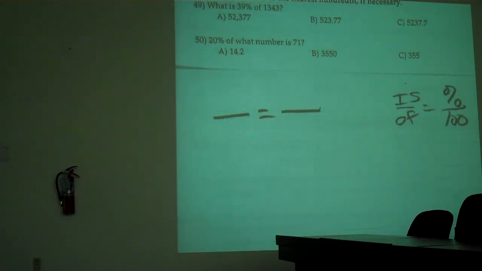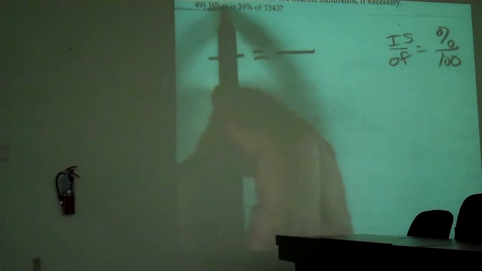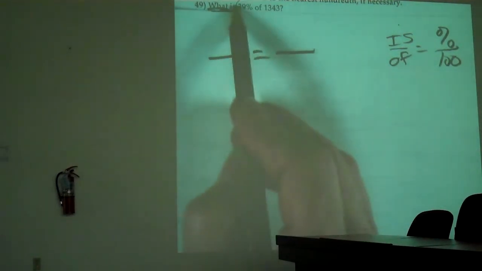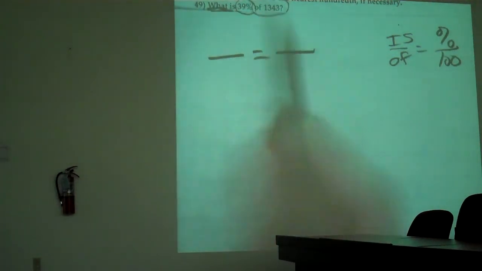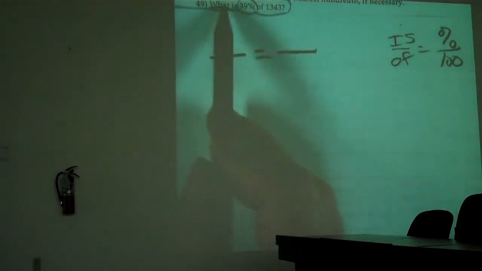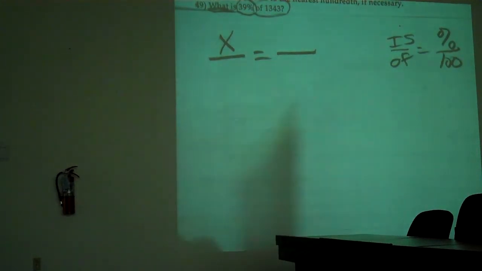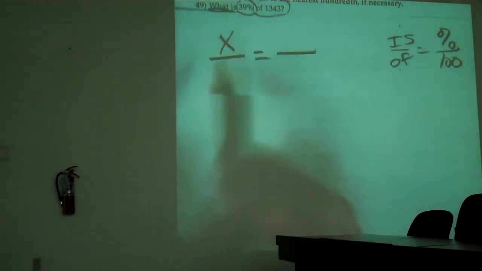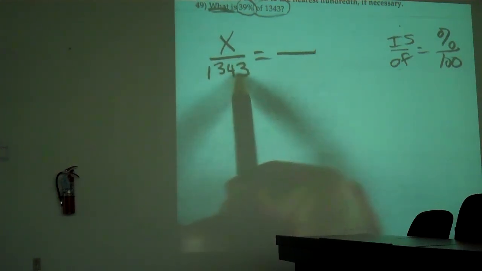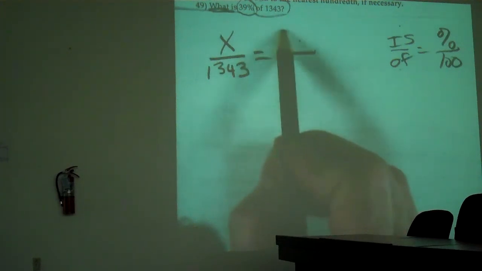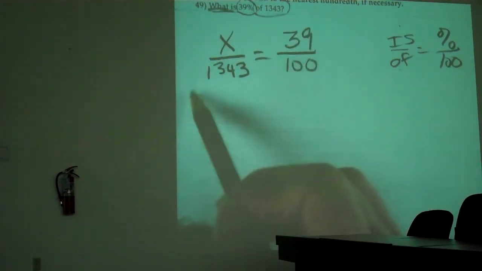Number 49. What is? You don't know the is. There's your percent, 39, and there's your of. The is, you don't know. X is on top. The of that goes on bottom is 1343. The percent is 39, and put that over 100.